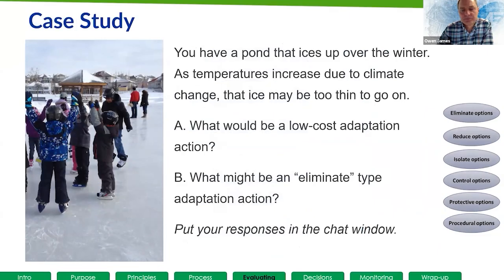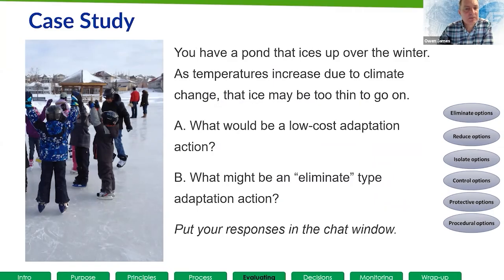So we're going to take a quick look at the case study here. If you have a pond that ices up over the winter, with climate change, that ice could not be thick enough to go on. So what could you do at the cheap end of the spectrum? And what could you do at the more expensive end of the spectrum? So I'm going to ask you just to put some comments in the chat window here.